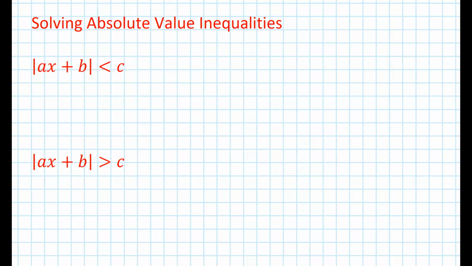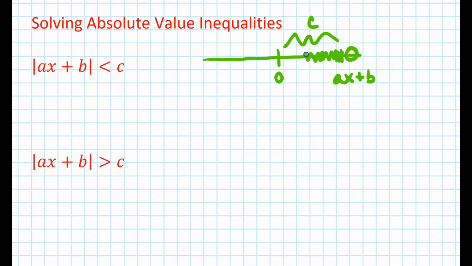If I set up a number line and put 0 here, and ax plus b over here, and because it's a less than, I'm going to have an open circle at ax plus b. The distance between 0 and ax plus b is still c. But I'm interested in the values that are less than c, so that would mean it's everything in here.